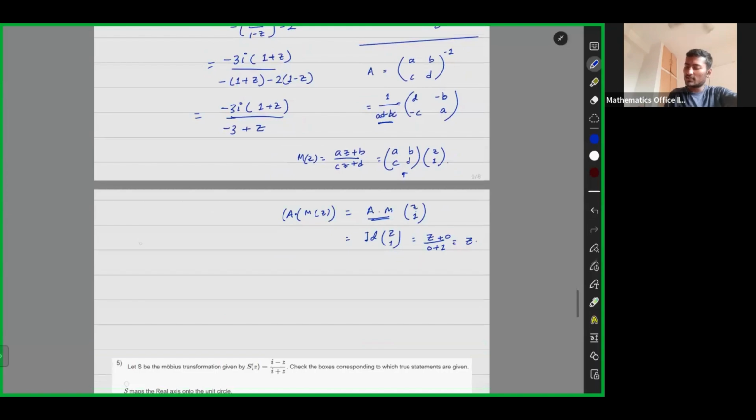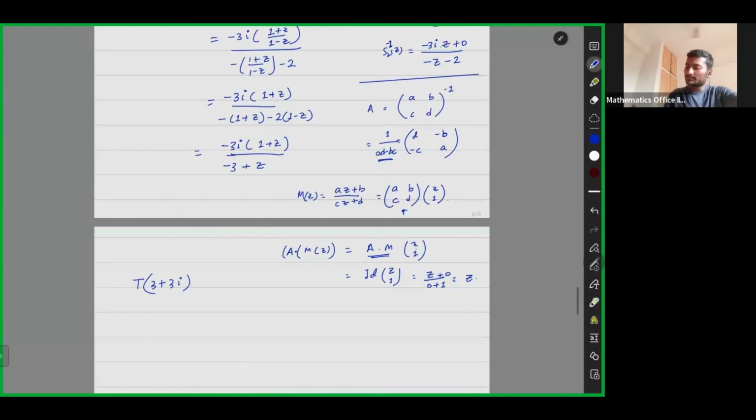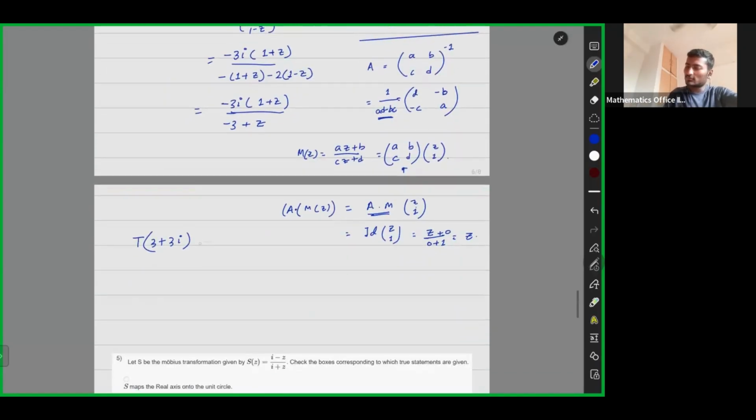Yeah, so this is, we get the T. Now we have to calculate T of 3 plus 3i. This is what we wanted to calculate. Right, so putting this in place of Z, what we'll get? Minus 3i. So we have to take modulus. 1 plus 3 plus 3i divided by 3 plus 3i minus 3. So it is nothing but 3i in the denominator.